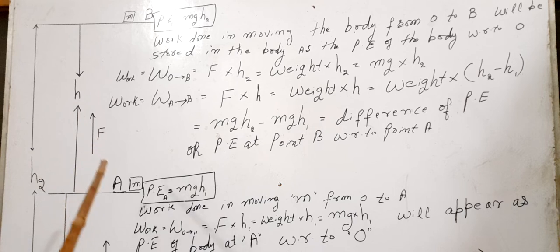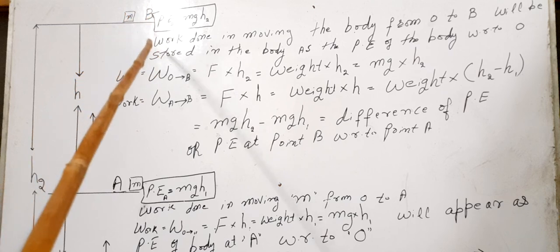Therefore, when we calculate the potential energy of any body, it will be relative to the ground, as we are taking the potential energy of the body at the ground equal to 0. Therefore, our formula will simply become, for example, PE is equal to mgh1, or more precisely, potential energy at point A is equal to mgh1 minus 0, where minus 0 means the potential energy of the body at the ground.